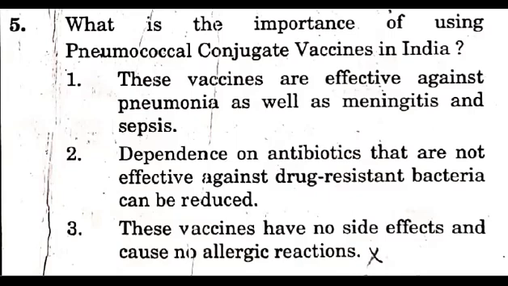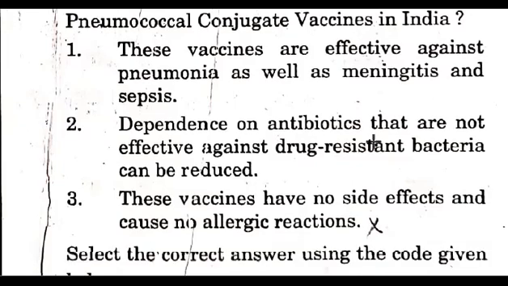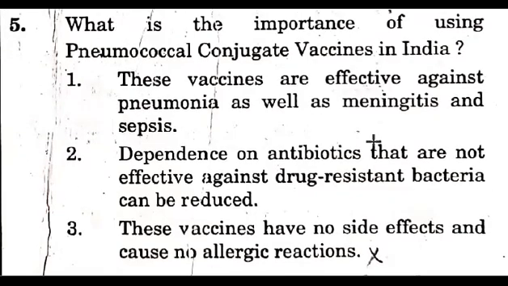The second thing is that these vaccines which we provide are very helpful against superbugs. Now, what are superbugs? Superbugs are those bugs which have become resistant to ordinary antibiotics, which have grown in the coming times.